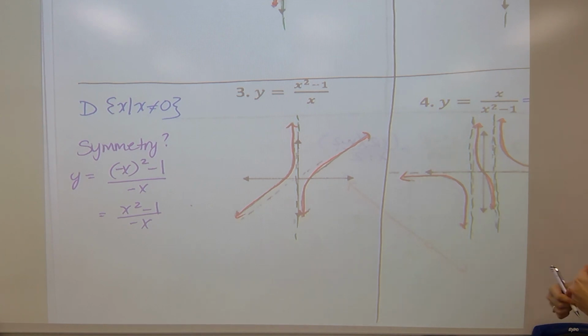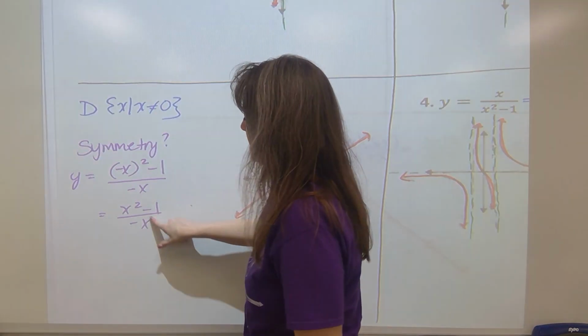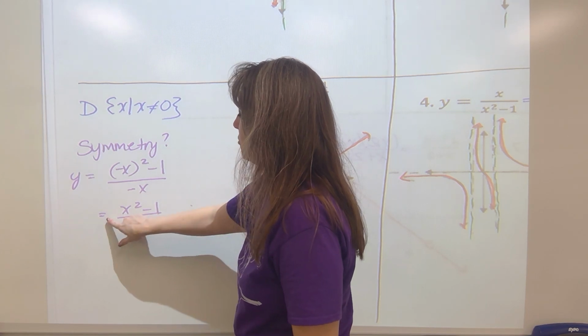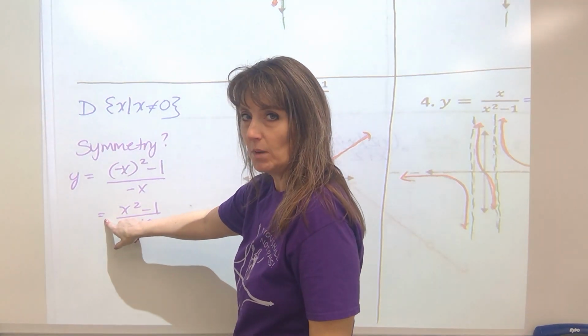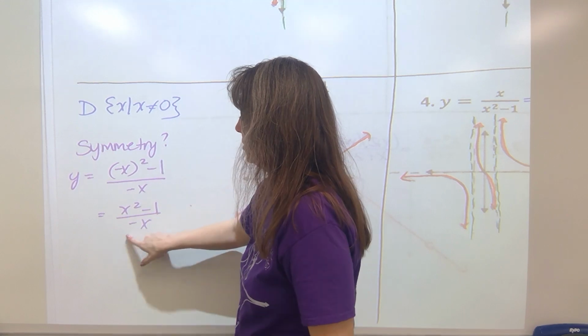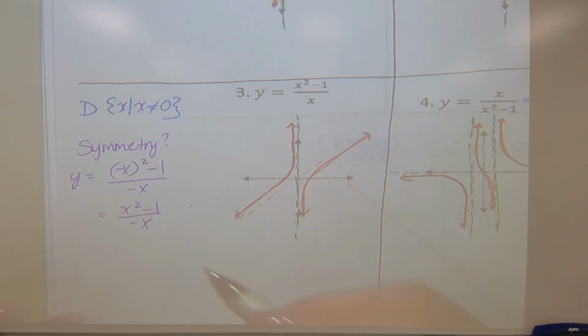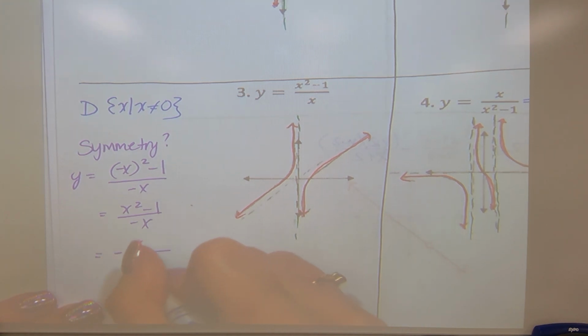Now, when I write that negative in front of the x, because this is just a single term, I can leave that in my denominator, or I could pull that negative out in front of my quotient bar, that fraction bar, and write it as a negative x squared minus 1 over x. That is an alternate way to write that function value.